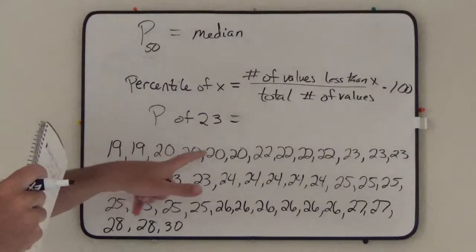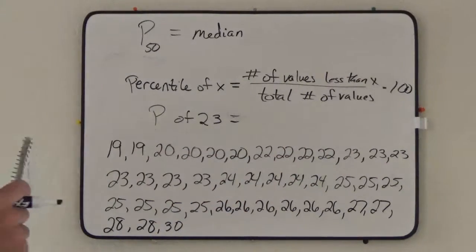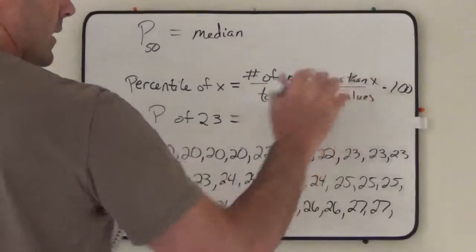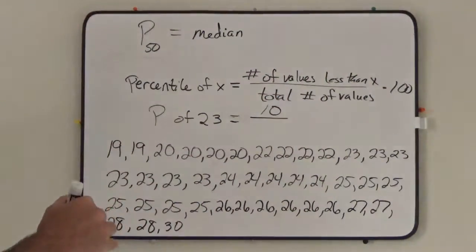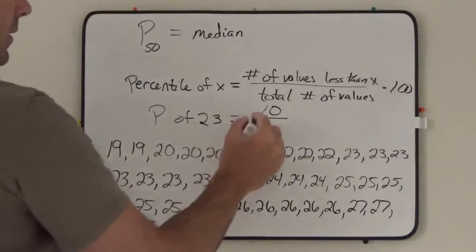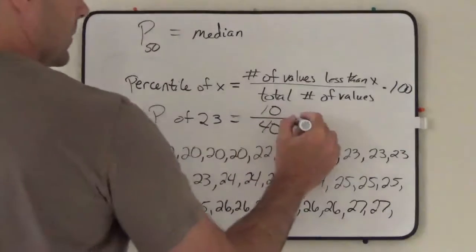1, 2, 3, 4, 5, 6, 7, 8, 9, 10 values are less than 23. So the number of values less than x is 10. The total number of values, now I've already counted these all up, so there are 40. That's the total number of values, times 100.